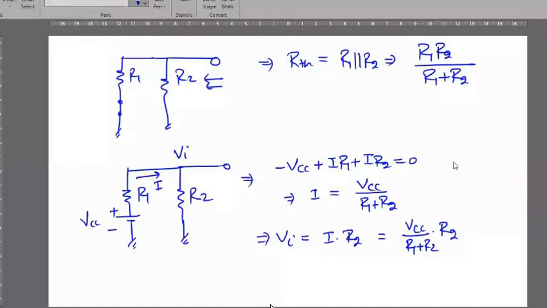Thevenin's equivalent voltage. Now we can make an equivalent circuit of this whole network, containing one Thevenin's voltage VTH, and in series there will be Thevenin's equivalent resistance RTH. Here all the load will be connected, and the load is another part. I hope you understood.